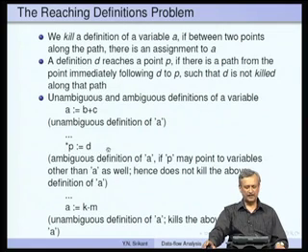This is called an ambiguous definition of A, because this pointer p may point to A, it may point to other variables also. It is not certain during compilation what exactly p points to, it may be A, it may be a few others also.